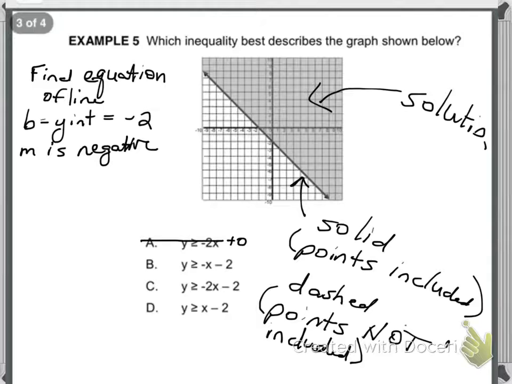That says it's plus 0 if there's nothing written there, and we know that the y-intercept is -2. Of course, all the other ones show -2. But if you look at D, that shows a positive slope right here, and we know the slope is negative, so we can eliminate D. So without a lot of information, we can eliminate 2 answer choices very quickly.